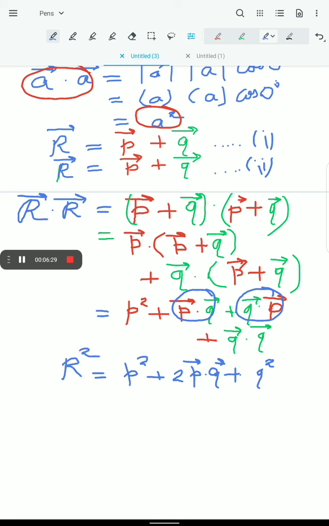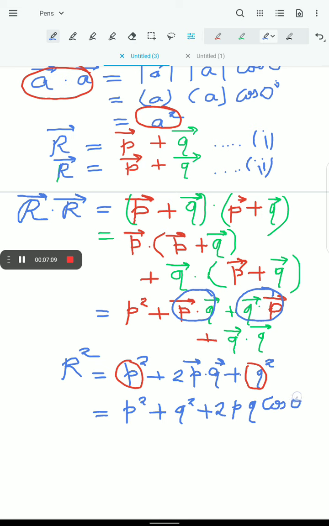So if you know the magnitude of P, and if you know the magnitude of Q, and lastly P dot Q, we can compute P dot Q as well. So that is P square as it is plus Q square as it is, that we know, plus 2 times P dot Q, which is magnitude of P, magnitude of Q into cos theta.